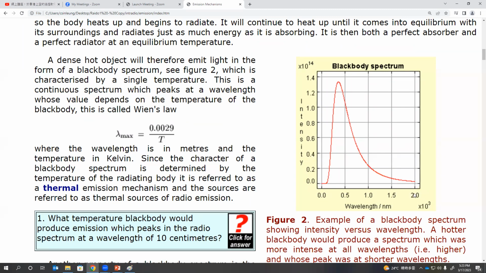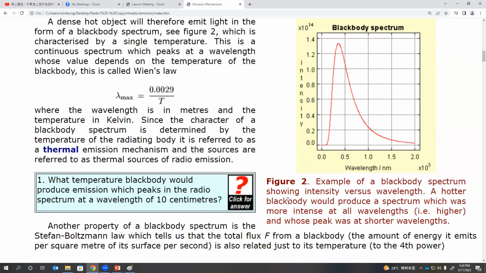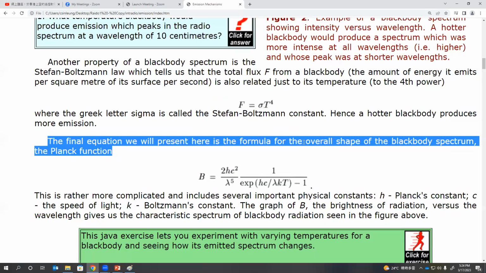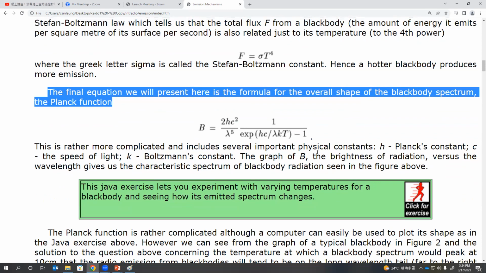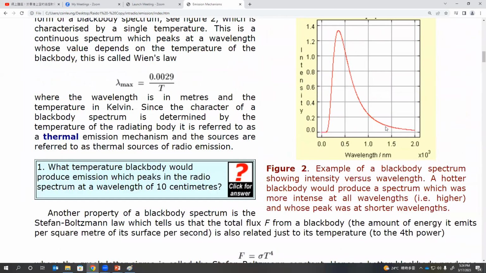In terms of wavelength, you can also see that the wavelength and frequency relationship is reciprocal. So long wavelength corresponds to lower frequency, and here corresponds to higher frequency. And finally, they formed a formula, the so-called Planck function, to describe this behavior.